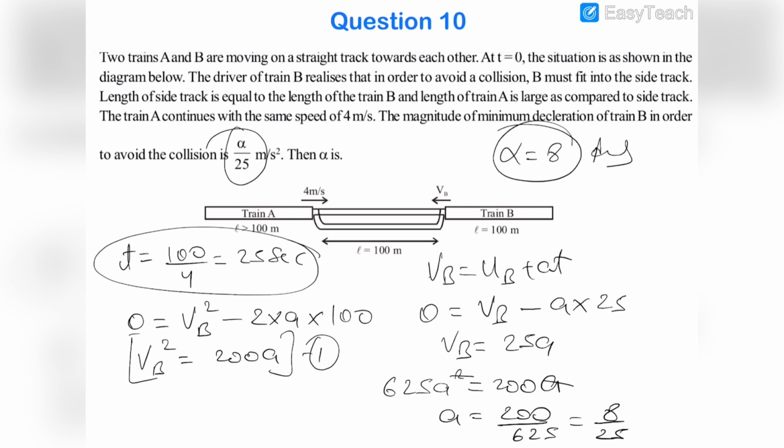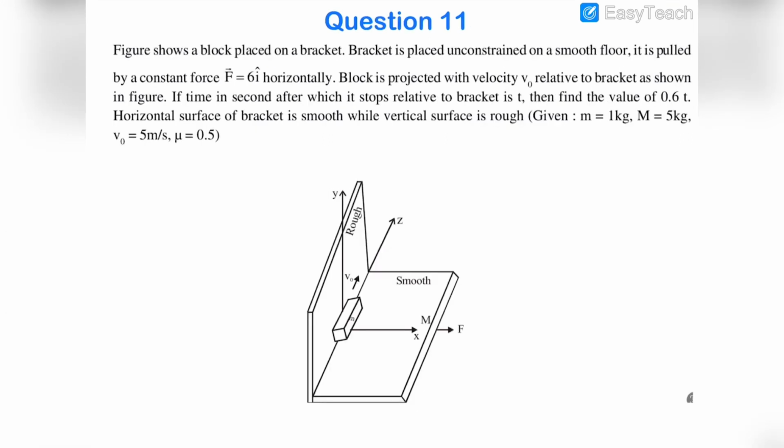Now we move on to the next question. In this question you can see that this is an L-shaped sheet or bracket, and this bracket is being pulled on a smooth floor by a constant horizontal force of 6 newtons. There is a block which is initially kept on this bracket, and it is touching both the wall and the floor.